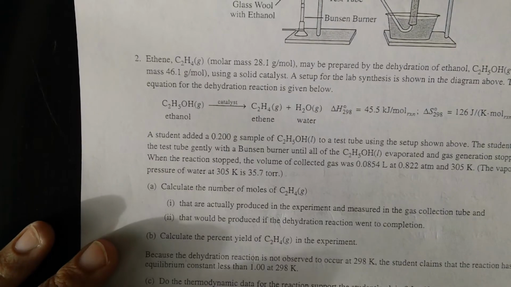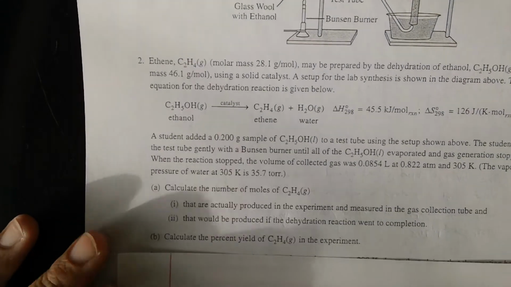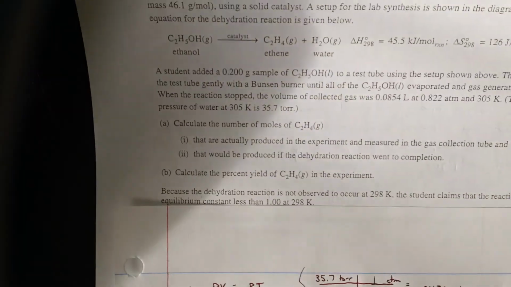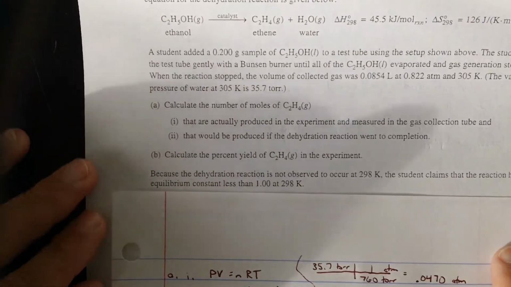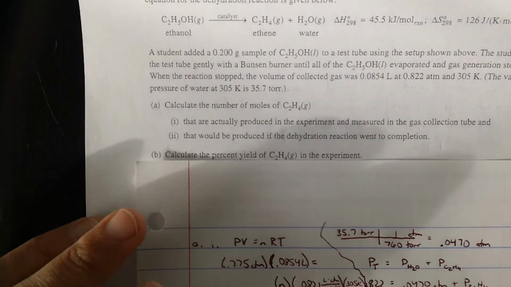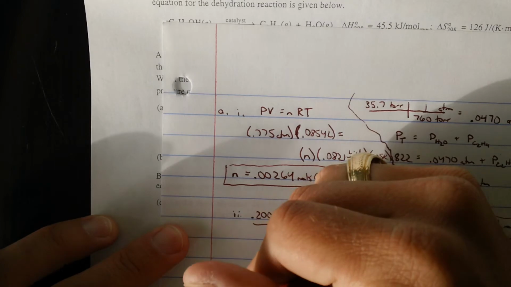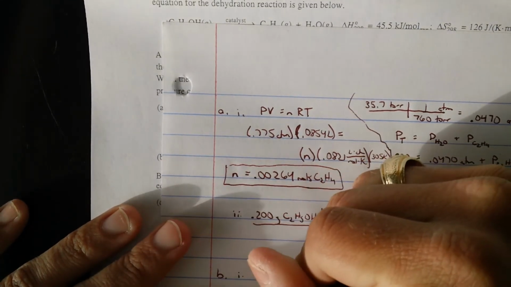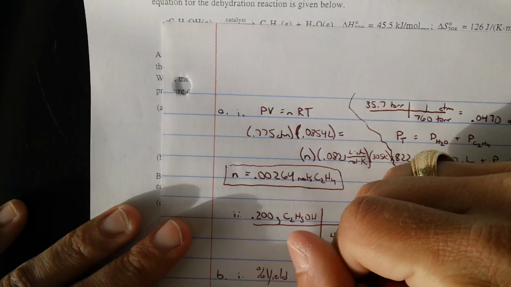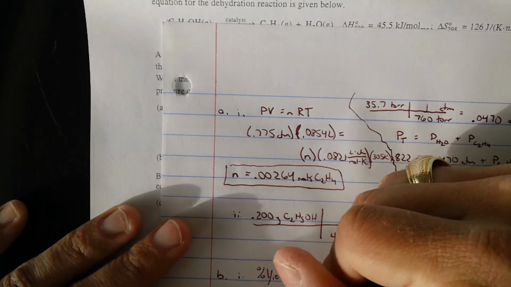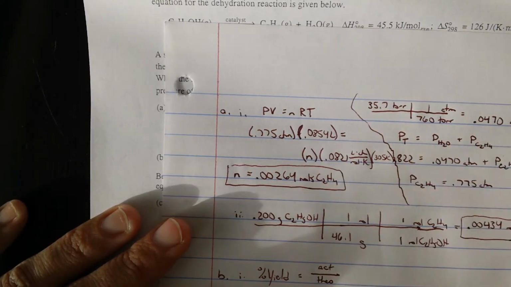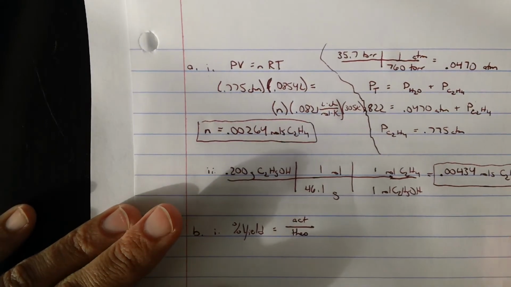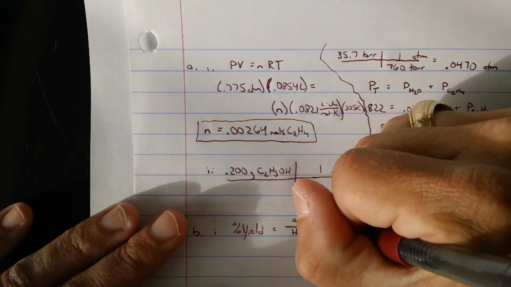Then it asks us a percent yield problem. Calculate the percent yield of the ethene in the experiment. And so, percent yield problem, easy. Percent yield is equal to the actual value we produced divided by the theoretical value we should have produced, all times 100.